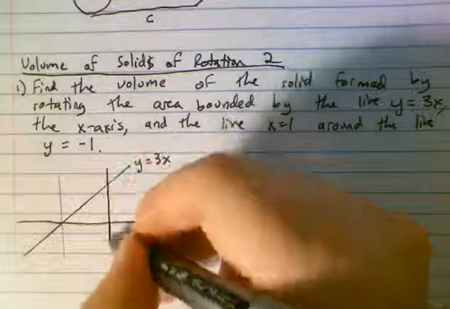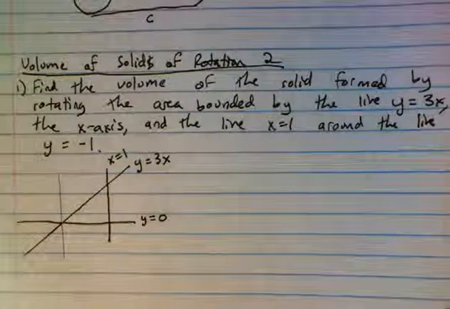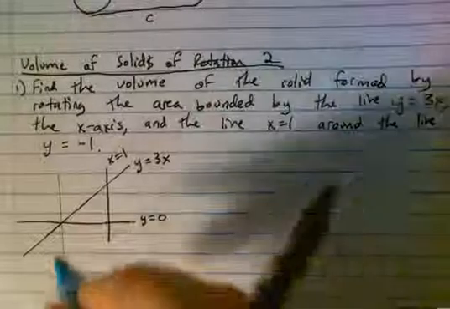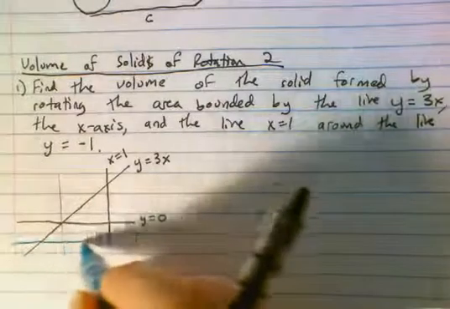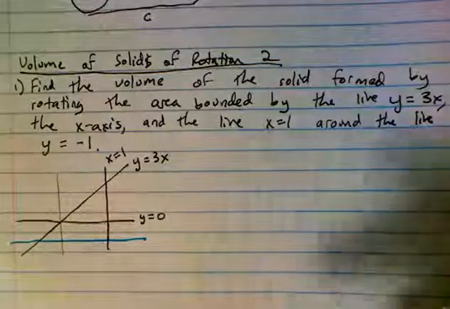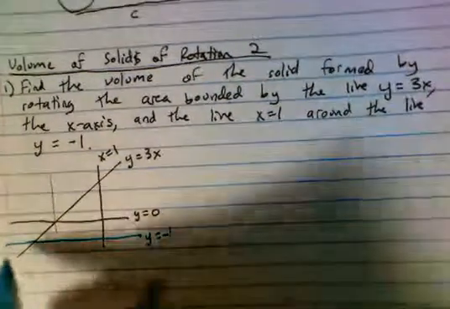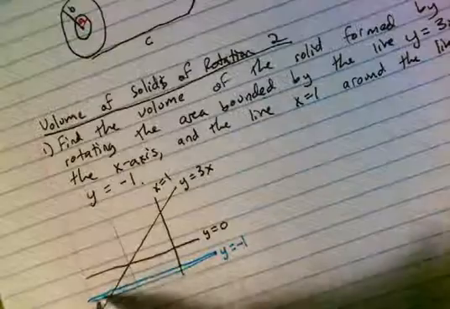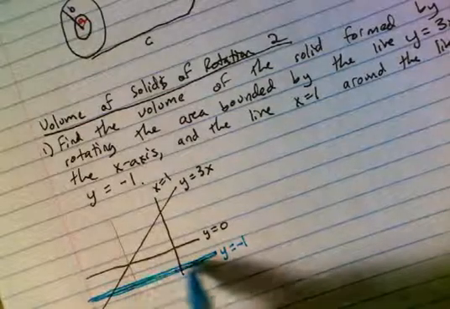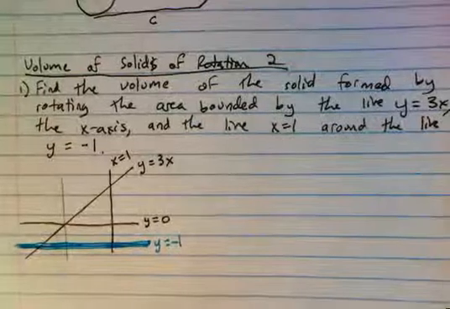One line, x equals 1. And then I've got an axis here at y equals -1. So I'm going to do that nice and dark.